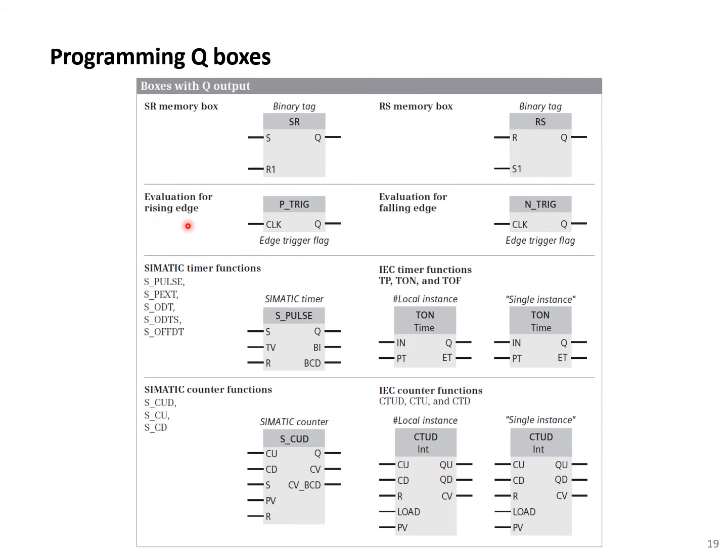Rising edge means that we are going to go from 0 to 1 on the click, and when that happens, the queue will become 1 for only one cycle of the PLC scanning time. We have semantic timer functions and semantic counter functions. The semantic ones are legacy ones, different from the IEC ones. When it comes to the timer and counter, I will explain them in more detail.